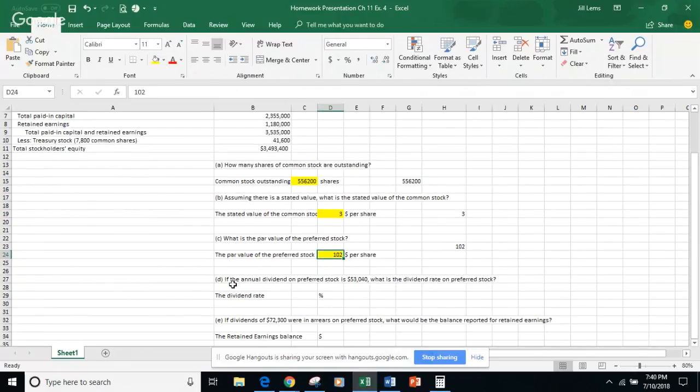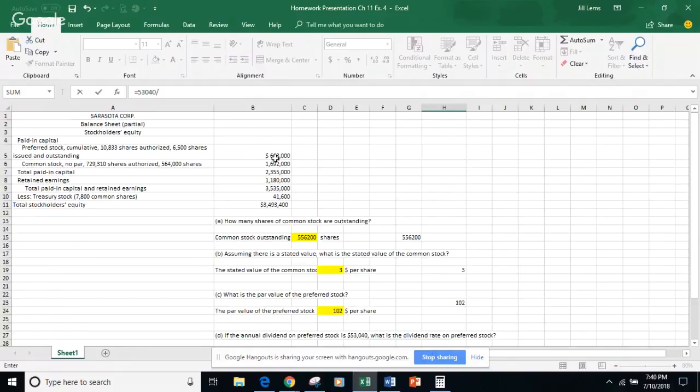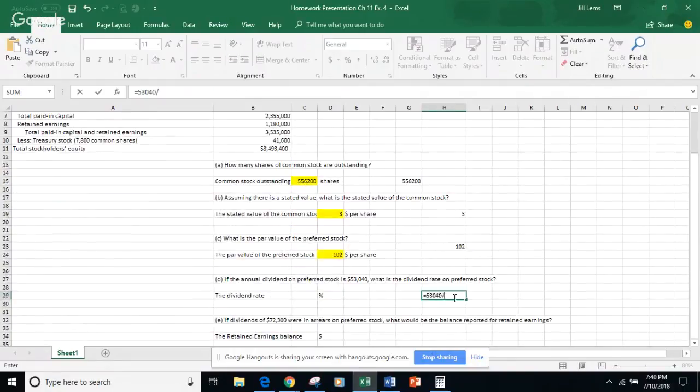Okay. Question D, we need to find the dividend rate. The annual dividend on preferred stock is 53,040. What is the dividend rate on preferred stock? So how we're going to figure that out is we're going to take the 53,040 and divide that by the amount of money that was collected in preferred stock, $663,000.